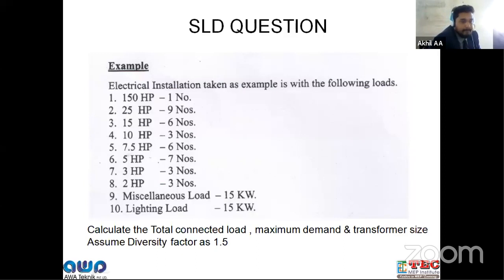Okay. Anybody want the transformer table so that you can tell the expected transformer size? Maximum demand 570. You have to make sure that the maximum demand will always be less than the total connected load. I can see 502 kilowatt and maximum demand as 753. Maximum demand will always be less than the total connected load.